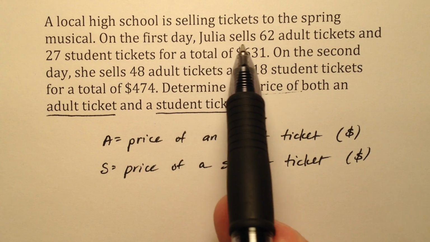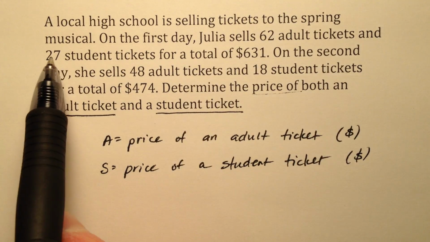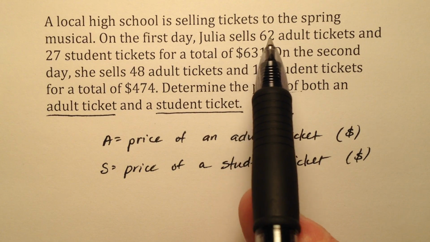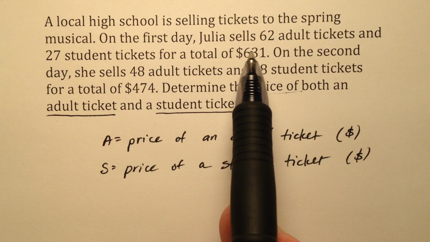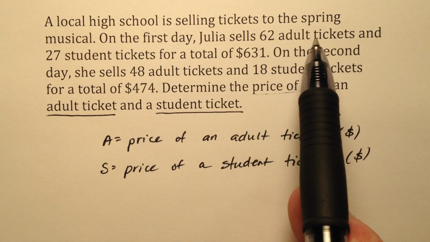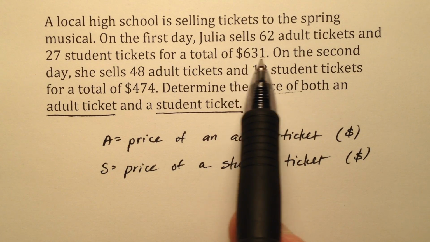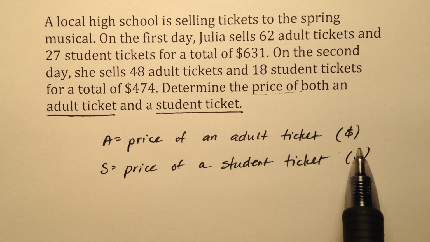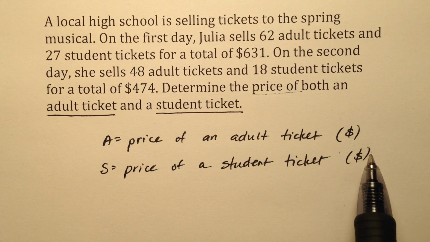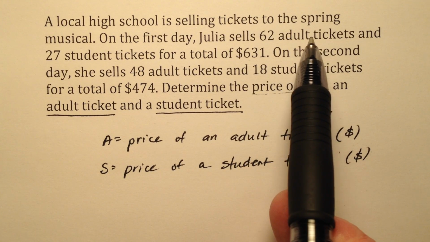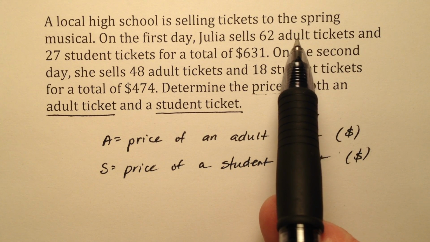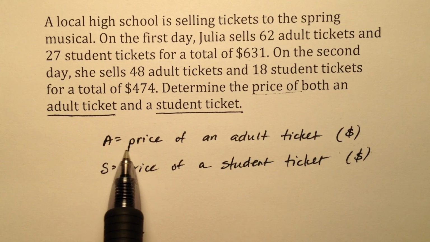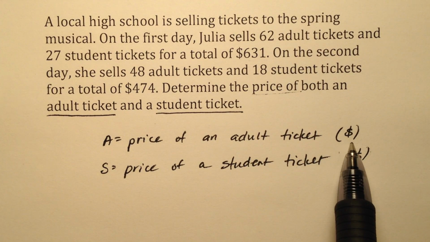On the first day, Julia sells 62 adult tickets and 27 student tickets for a total of $631. So how can this be reflected in an equation? Well, 62 adult tickets and 27 student tickets brought in money, right? So our units are dollars. Well, that's nice because on our variable, the units are dollars. So 62 adult tickets. How much money are 62 adult tickets going to bring in? Well, it depends on the price of one adult ticket. Well, that's our variable definition right here, A, the price of one adult ticket.